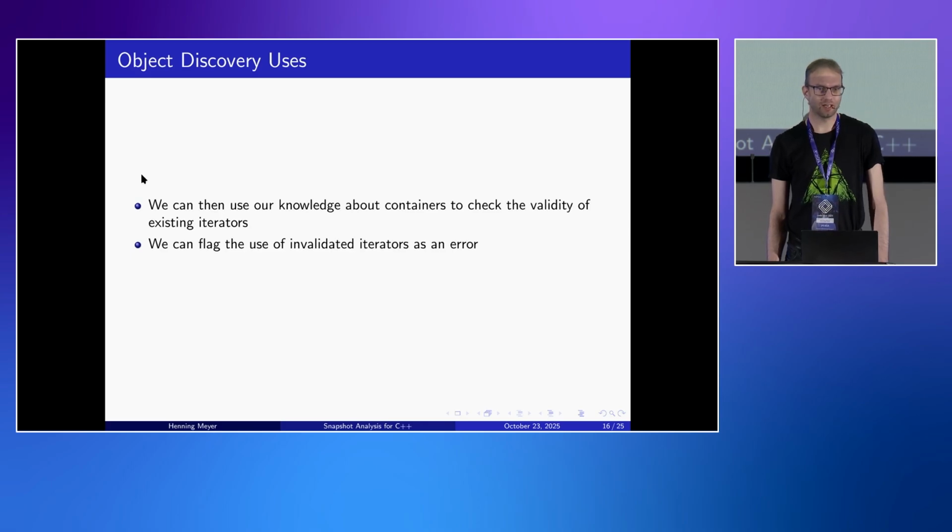So as I said, I go through a container, I find all iterators, so I know what the valid iterators are, and I can tell what the invalid iterators are.